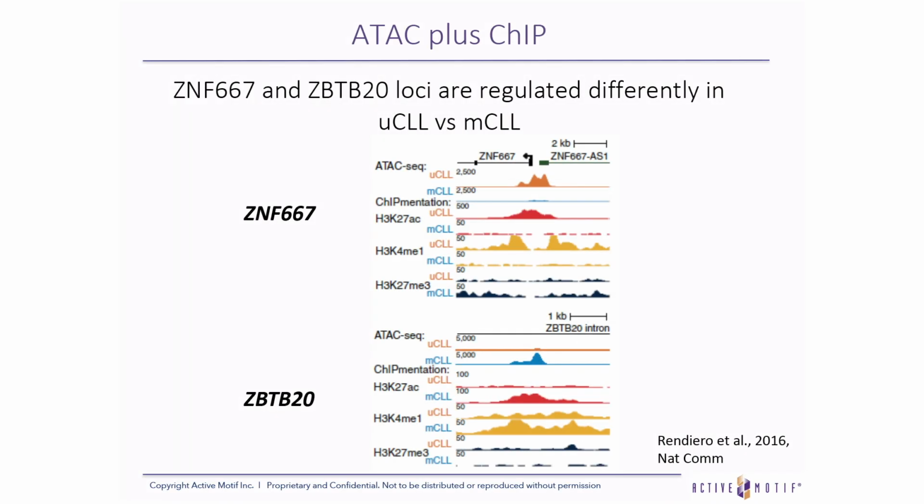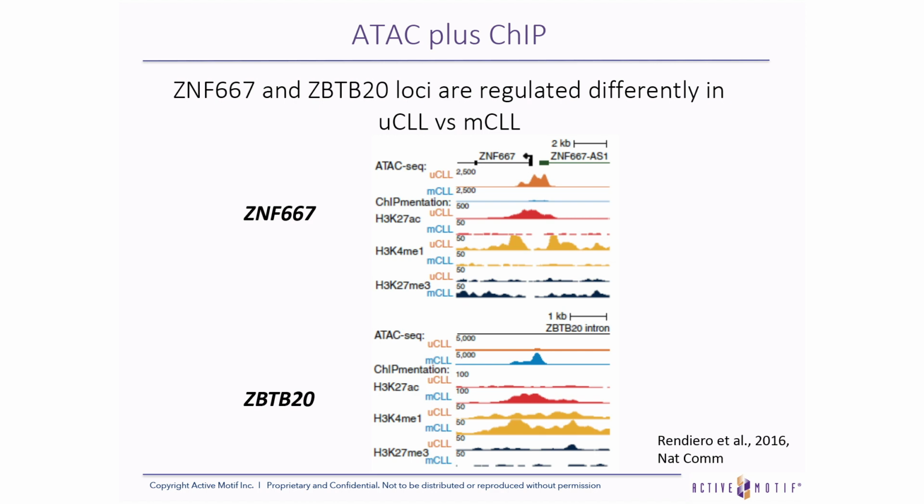So looking at two other genes in CLL patients, we see that the ZNF667 locus and the ZBTB20 locus are differentially modified and differentially regulated in CLL versus the mutated CLL. And just as a reminder, the unmutated version of the disease is a more aggressive form of this disease. The mutated CLL is the less aggressive form.